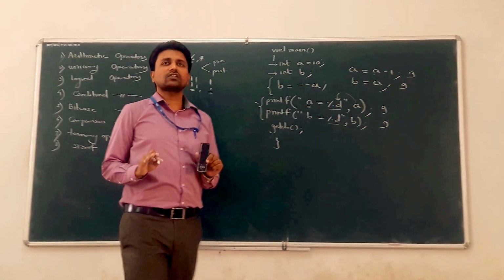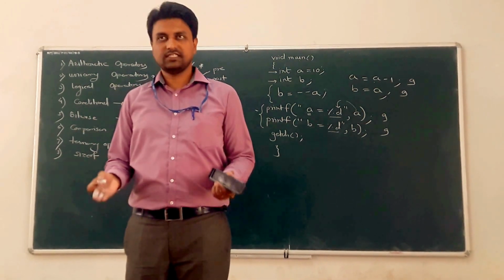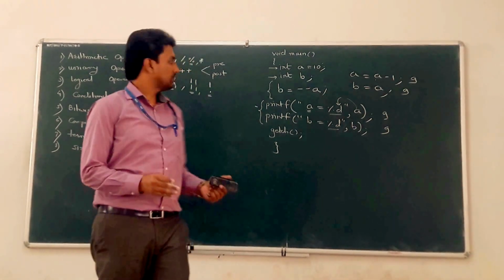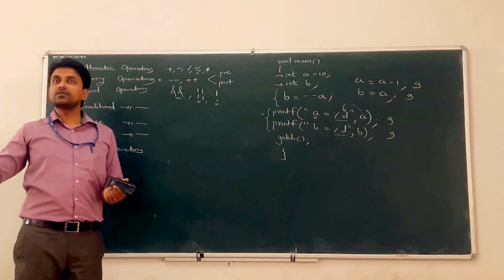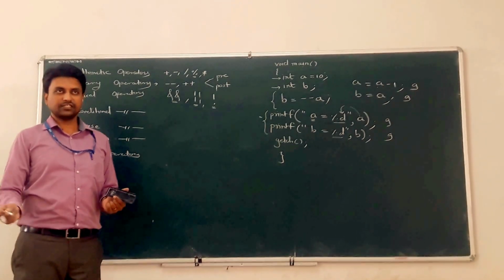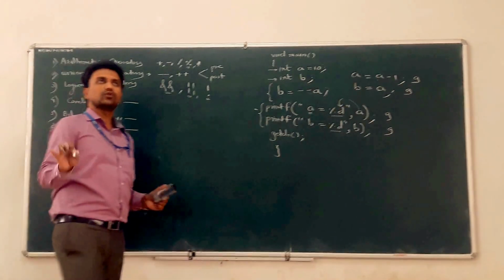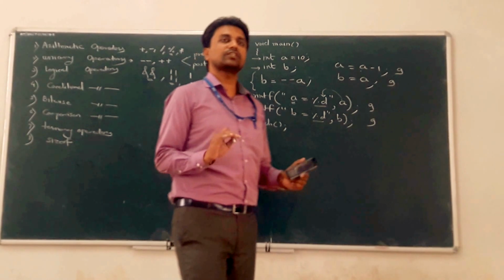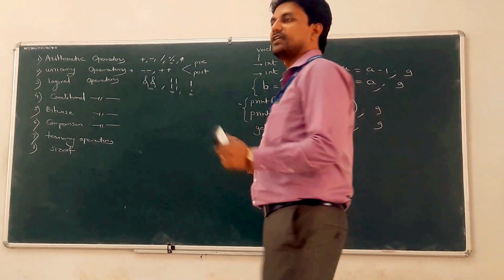This actually returns what? True or false. So how does it work? We can take examples for that in the next lecture, but for that we need to know some conditional statements, that is loop statements, iterative statements, if else.